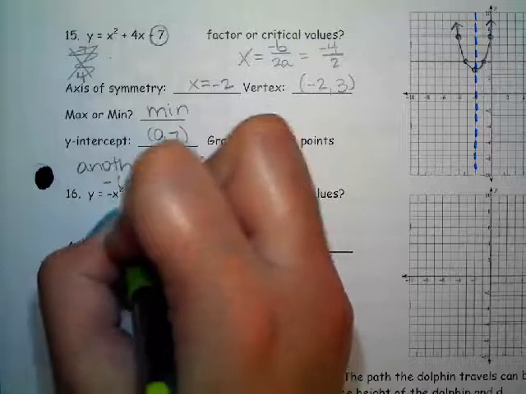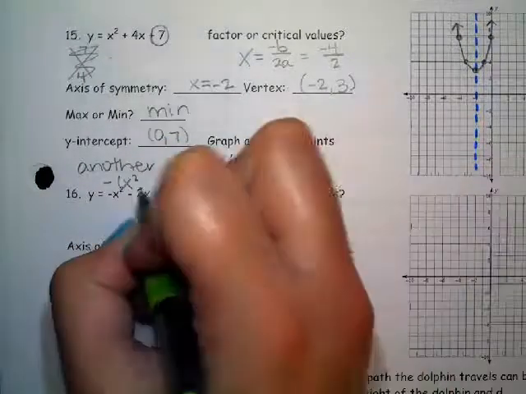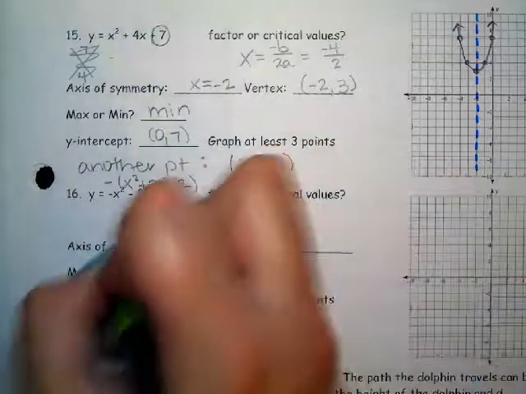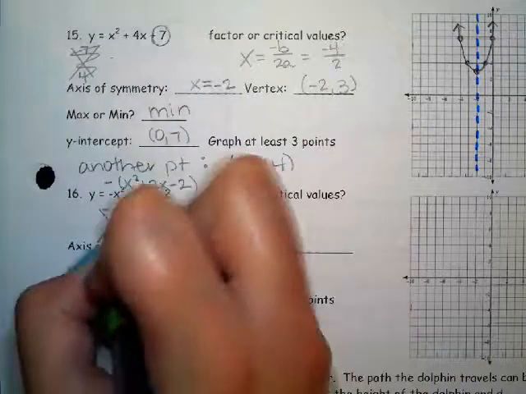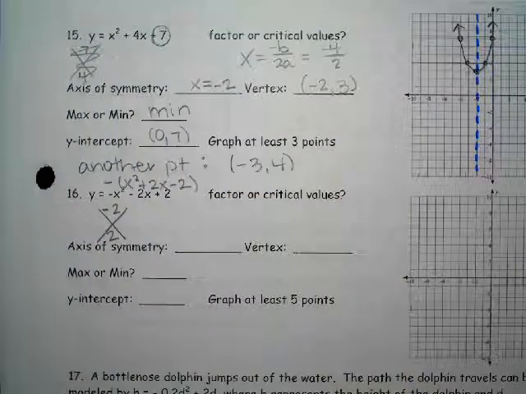Okay, so we are looking to see if there's something that multiplies to -2 but adds to +2. Nothing. Okay, so this is not a factoring problem.